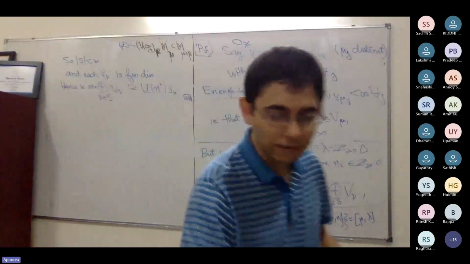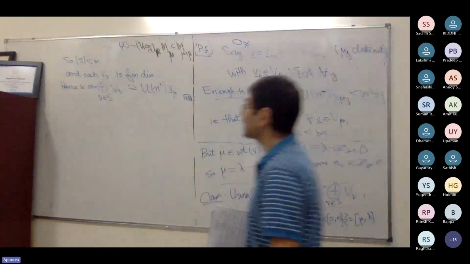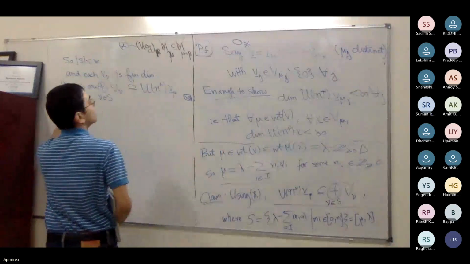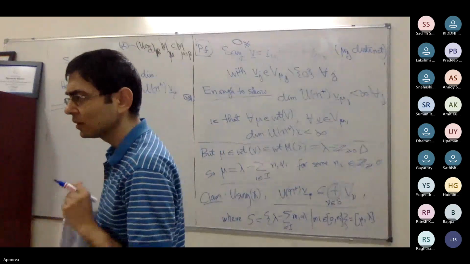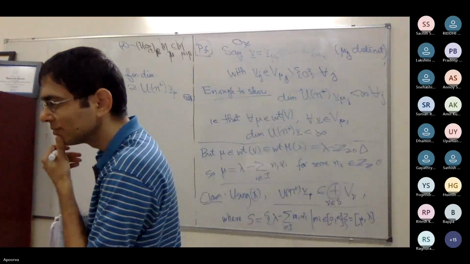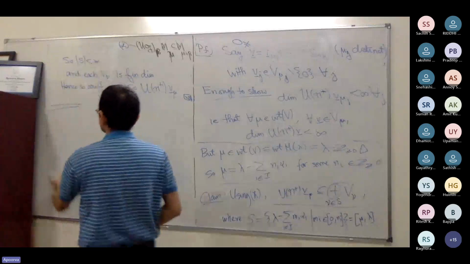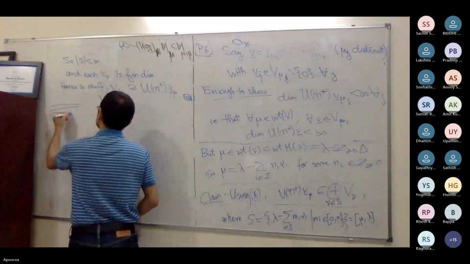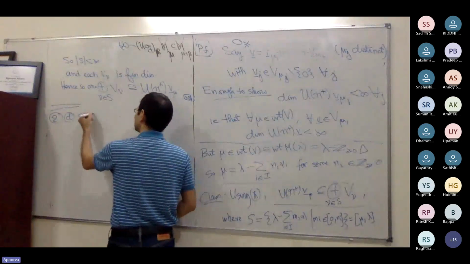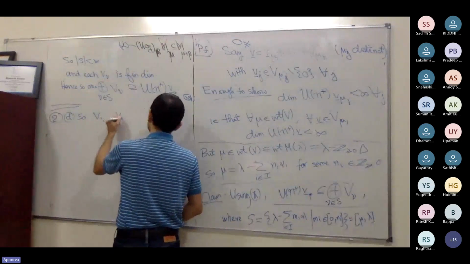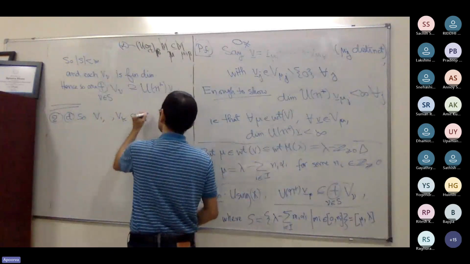Therefore, the highest weight modules have these 3 properties. So this was just a lemma. What was the number? Lemma 2D. So now if I take V1 through Vk, let's say they are all highest weight modules.